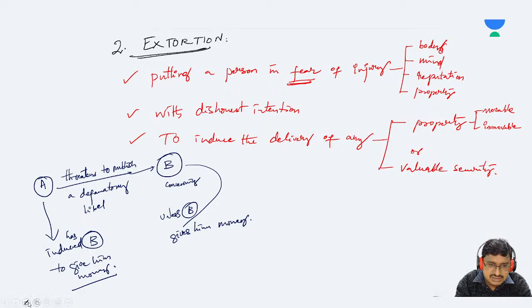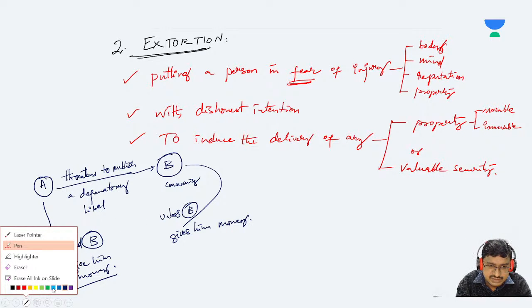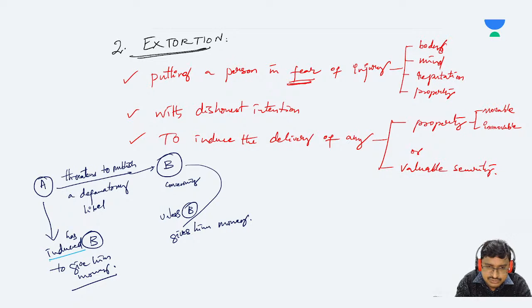Here, the important word we need to remember is induced. Threatens to publish a defamatory libel, and gives him the money. These are the important ingredients. Mr. A is the accused, Mr. B is the victim.